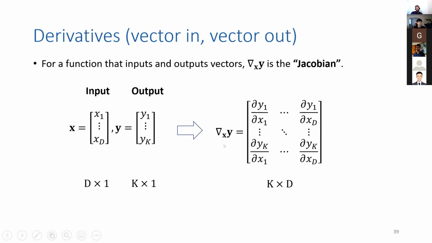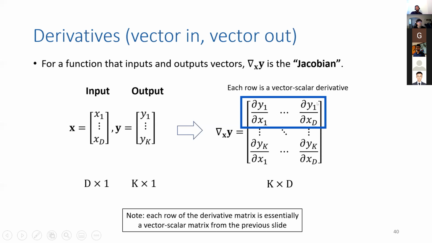You result in a full derivative matrix that's of size k times d. Each row is essentially a vector scalar derivative, where you have the partial of y1 with respect to all the x's, then move on to the next one, then the next one, etc.